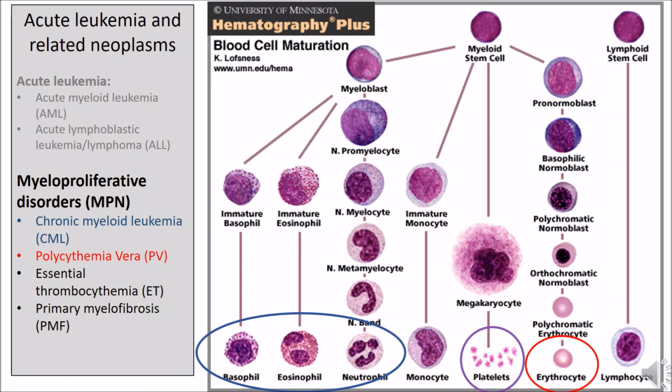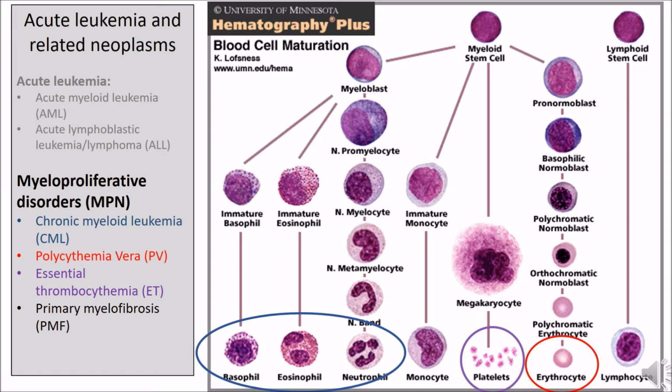Polycythemia vera, PV, is characterized by an excessive production of red cells, and essential thrombocythemia, ET, by an overabundance of platelets. A related disorder, myelofibrosis, affects megakaryocytes like ET, but has a unique natural history that won't be covered here.